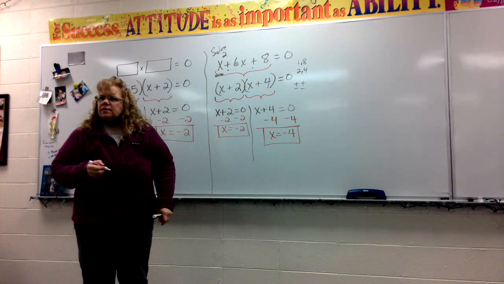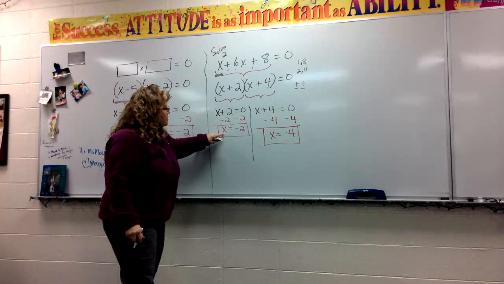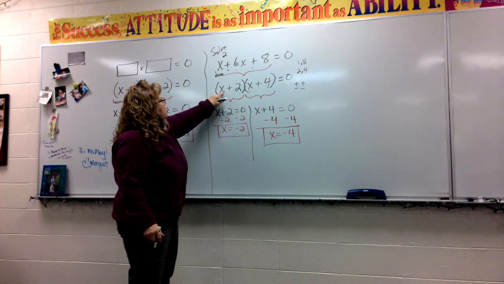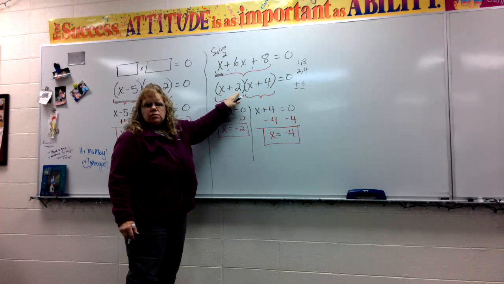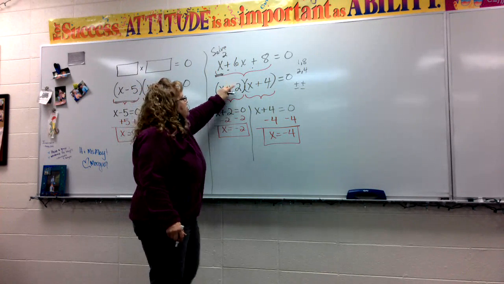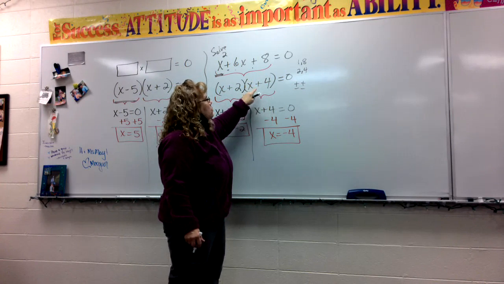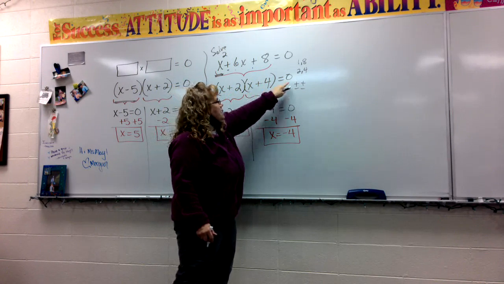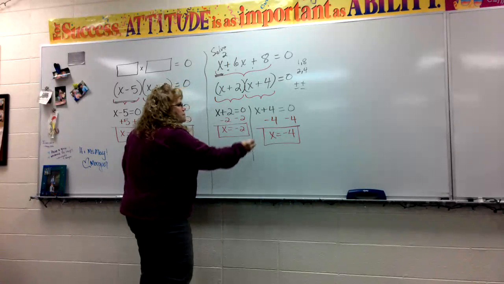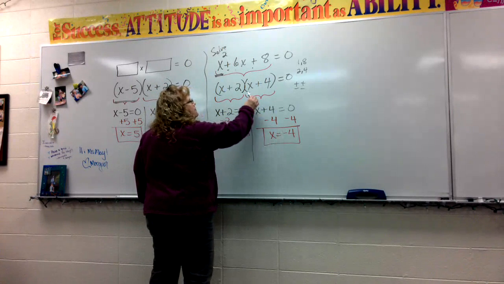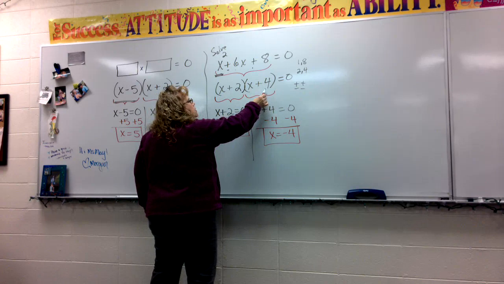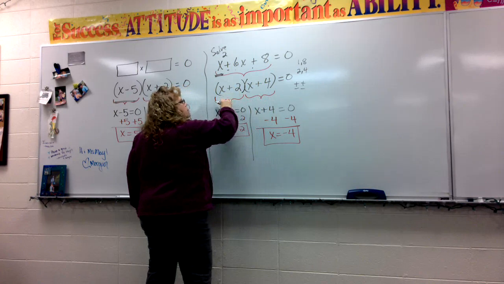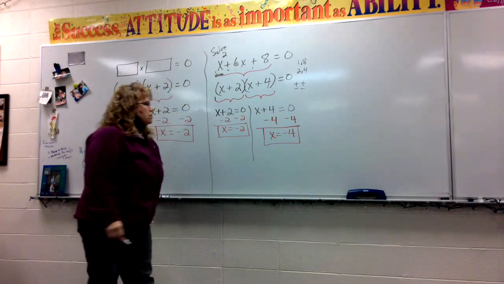And if you plug this in, x is negative 2. If x is negative 2, what's negative 2 plus 2? 0. 0 times anything, it doesn't matter what that is, 0 times anything is going to be 0. Same thing over here if x is negative 4. If you put that here, what's negative 4 plus 4? 0. 0 times anything is going to end up being 0.